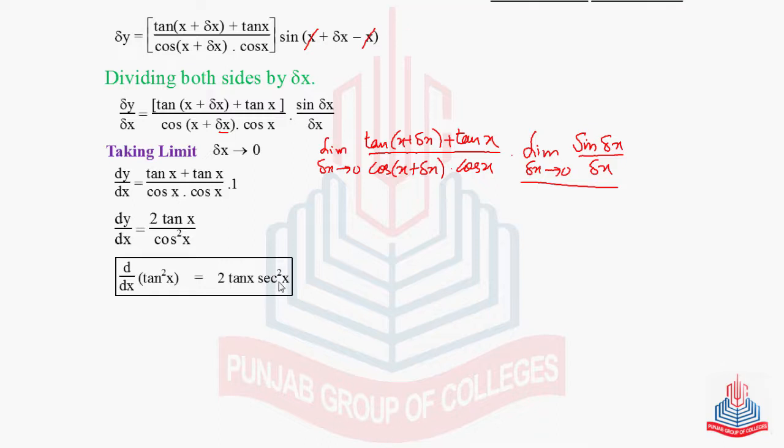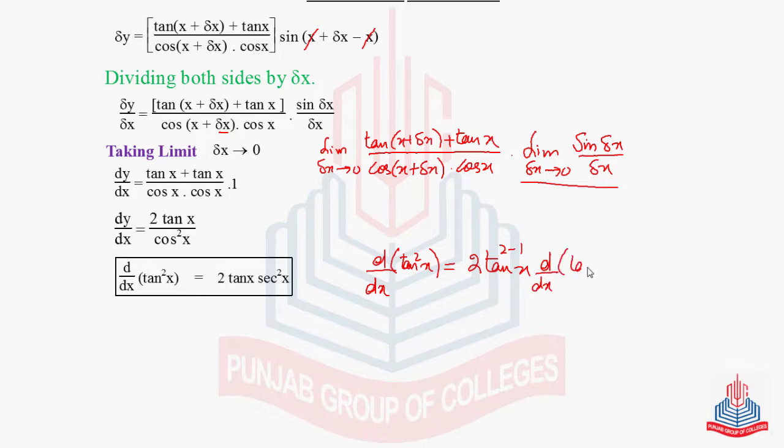And by verifying the result of the differentiation of tan square x, by using first our power formula, 2 tangent to the power 2 minus 1, and then the derivative will apply on the trigonometric function which is tangent x.